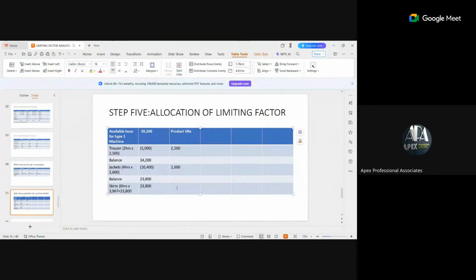It depends on approximation issues, we'll settle on 23,800. So the product mix will be the whole you can produce with those hours, that is 3,967. This is what the question wants you to do in part A.